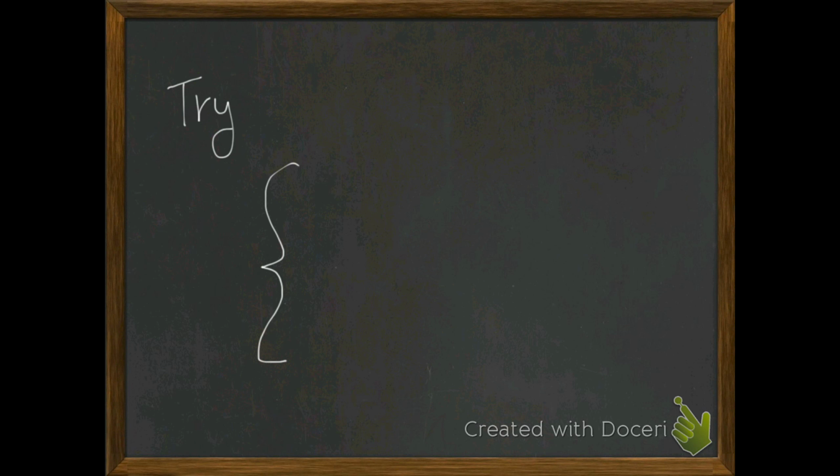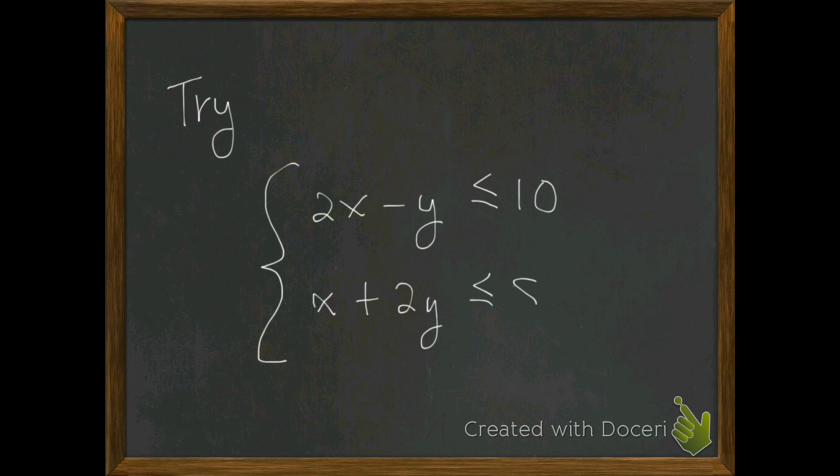So let's choose 2x minus y less than or equal to 10, and x plus 2y less than or equal to 8. Okay, so try this, and this will be the first thing that I'll work in the next video.